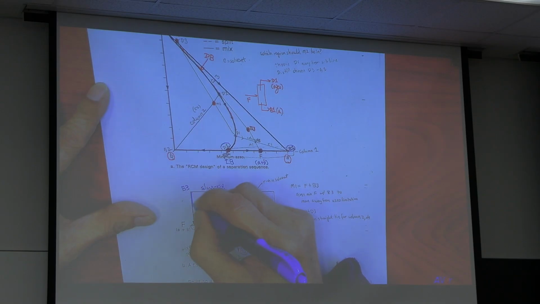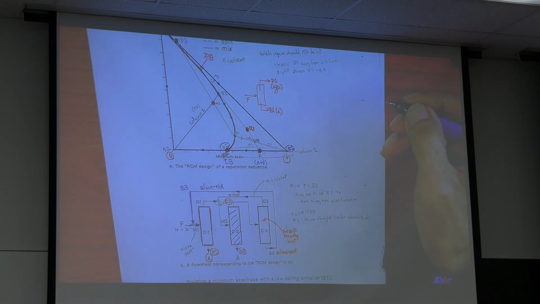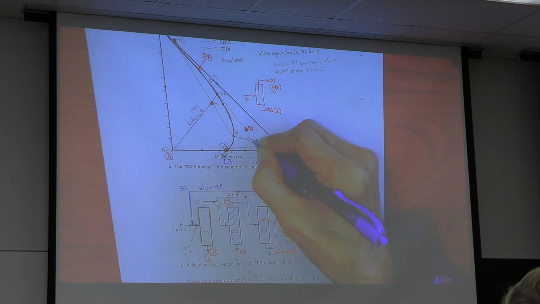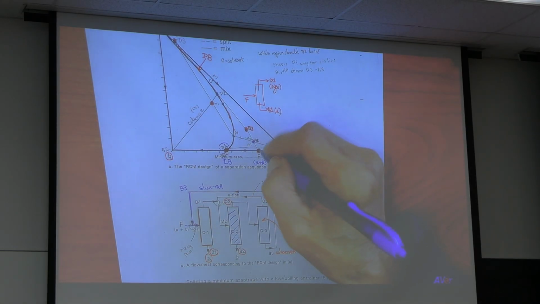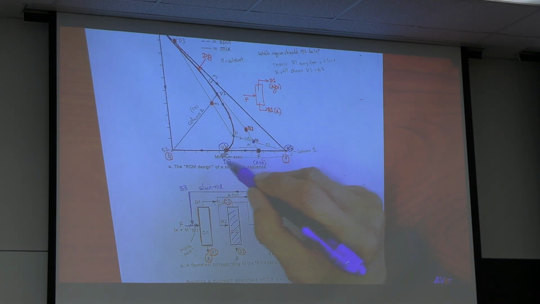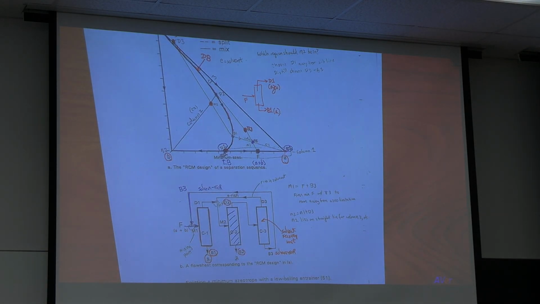Recycle solvent plus feed. You get a new mixing point in the middle. You move the feed away from the straight line. You are no longer constrained by D1. That is trick number 1. Okay?